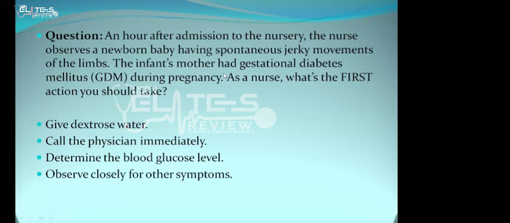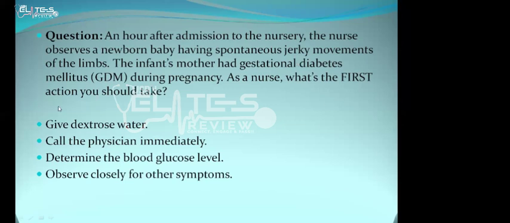Babies who are born of mothers who had gestational diabetes, normally after a few hours of delivery, are predisposed to hypoglycemia episodes. The jerky movement, you see, they didn't tell you in the question that the patient is having hypoglycemia, but they just gave a symptom.